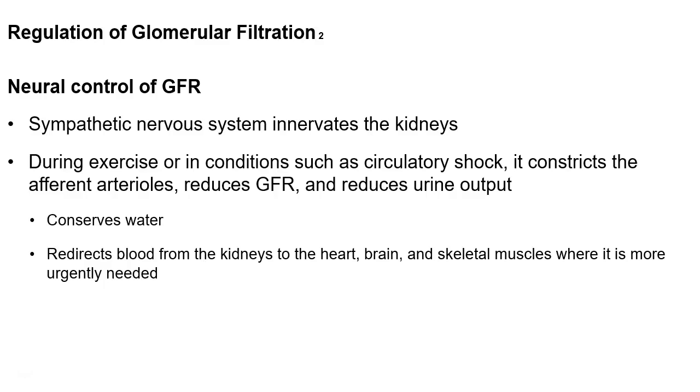And so if you are in a sympathetic response, if you're exercising, if you're really afraid for some reason, this is when this branch of the nervous system will kick in, and it will actually cause the afferent arterioles to constrict, which will reduce the glomerular filtration rate and reduce urine output, right? It's going to kind of slow down the flow of that fluid and reduce urine output.